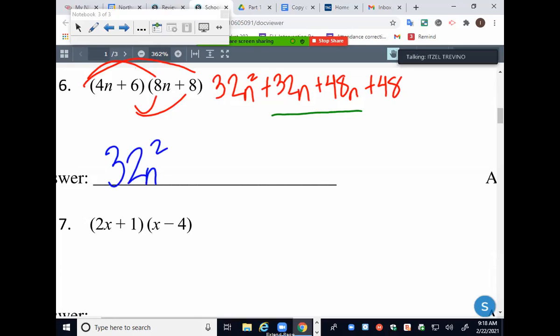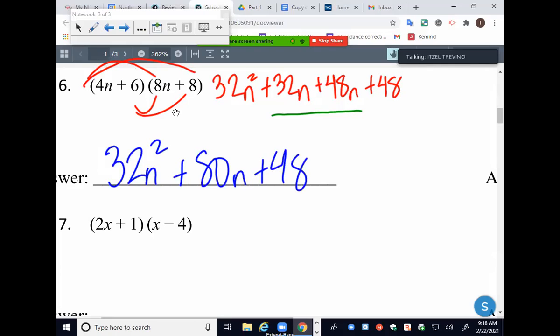And then I have my n's. 32 plus 48. What's 32 plus 48? And then my variable stays the same, and then we have plus 48.